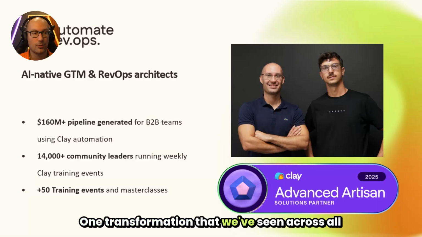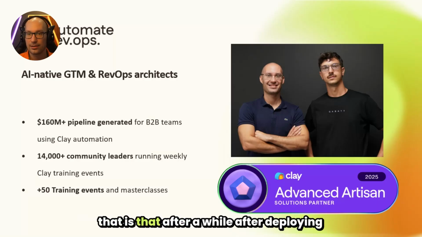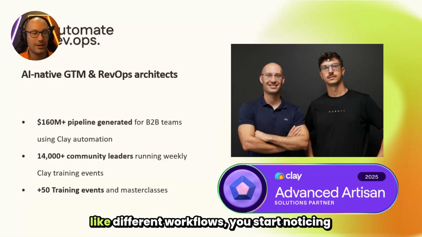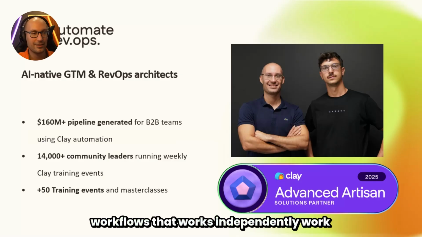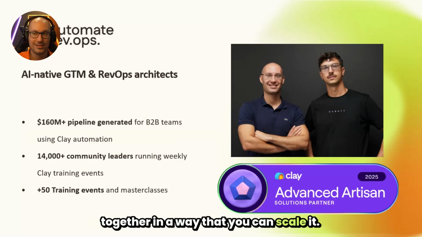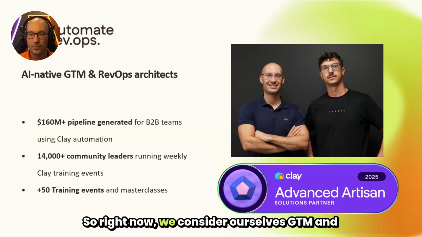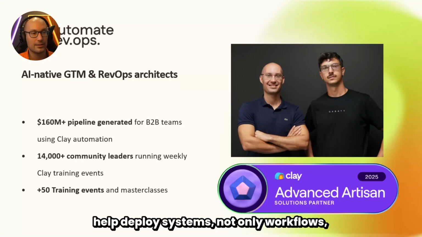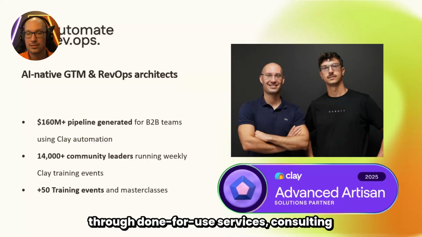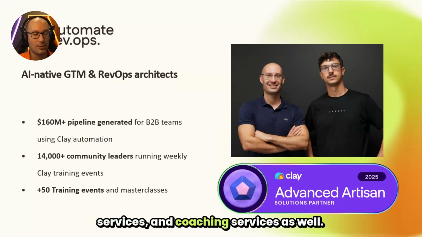One transformation we've seen is that after deploying different workflows, you start noticing that a system is needed to make all the workflows that work independently work together in a way that you can scale. So right now we consider ourselves GTM and RevOps architects, helping deploy systems, not only workflows, through done-for-you services, consulting services, and coaching services as well.